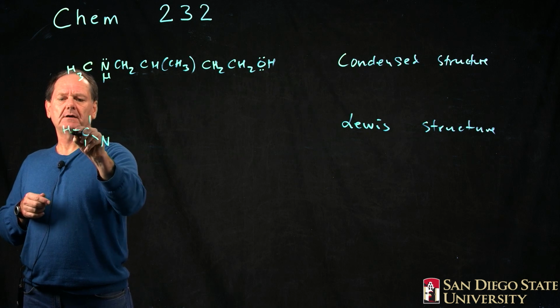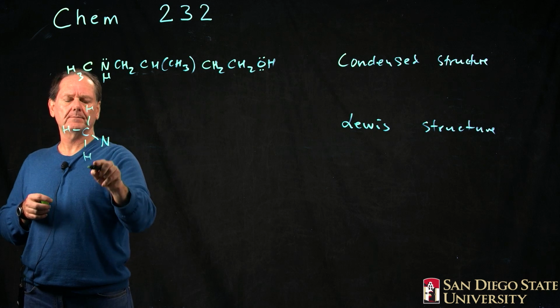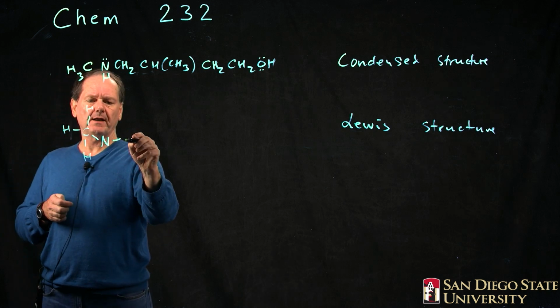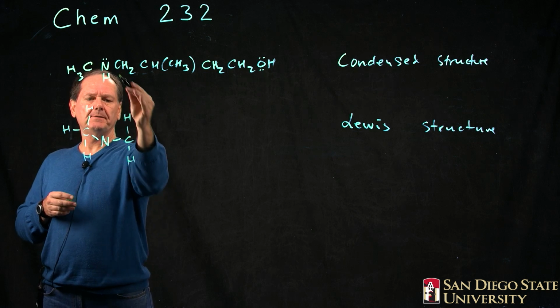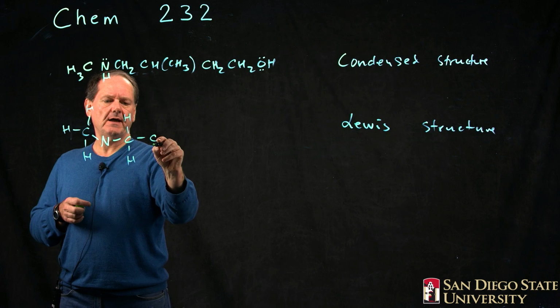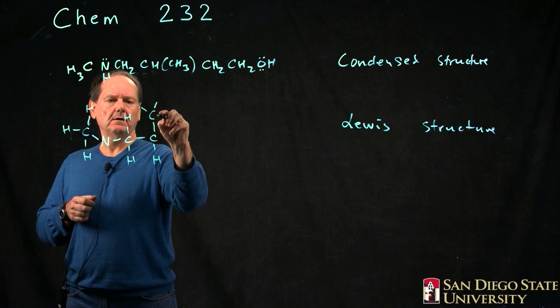So you have a CH3 indicated like this. If you continue over here, you have your CH2, which is this atom up here, and then a CH, and connected to that CH you have a CH3 like this.